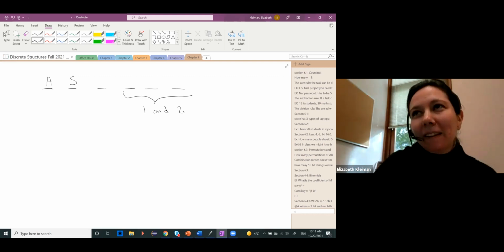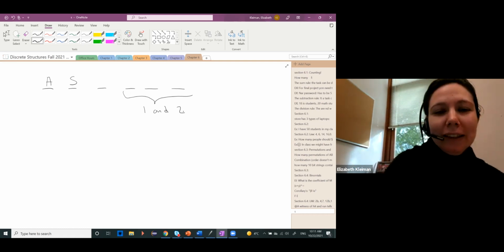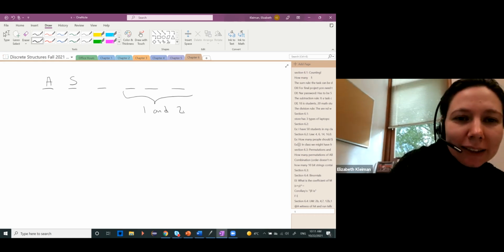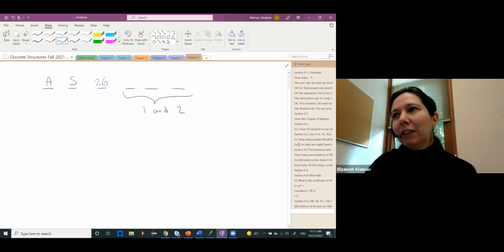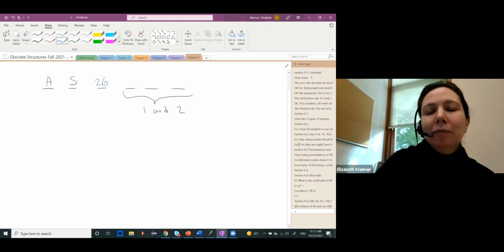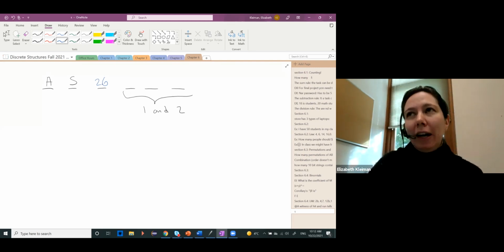Okay. So here is how we can do it. This one is easy. We know there are 26 options of how to pick this letter here, correct? We definitely know there are 26 letters we can put here. Now, what we can do next is we can say, okay, I need to find a space for my 1, correct?